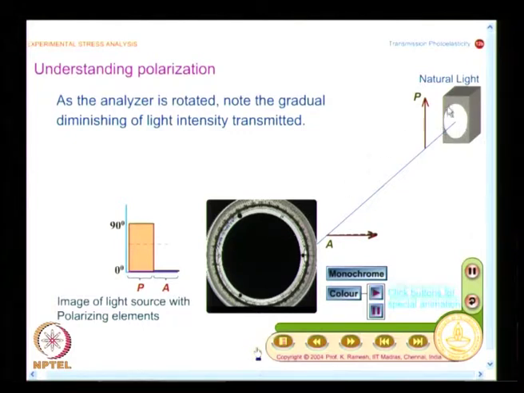I had a natural light, this is a white light source, and we also looked at monochrome light source. What is the difference between a white light source and the monochrome light source? In a white light source, you have play of colors, you have VIBGYOR, there may be different proportions depending on the light source.